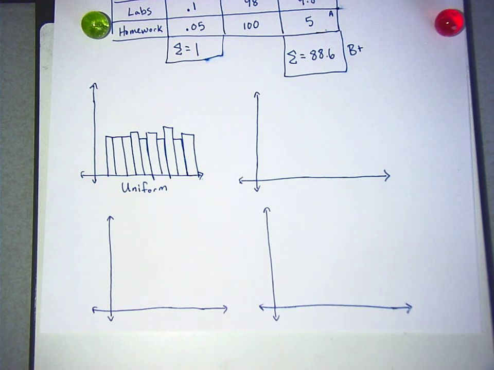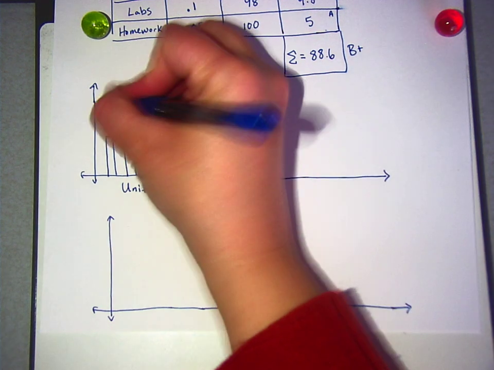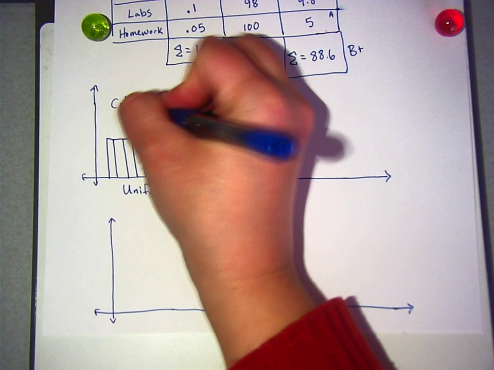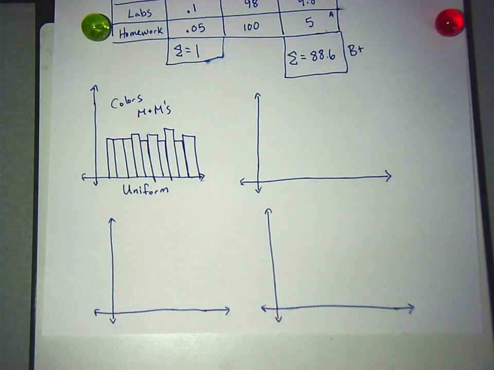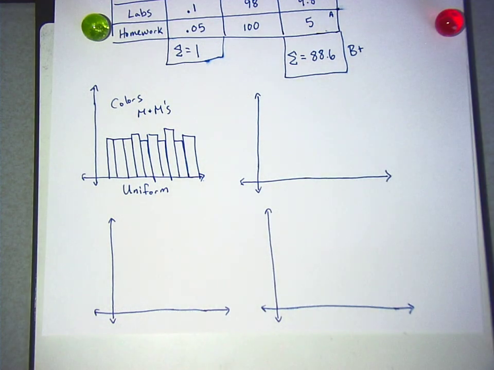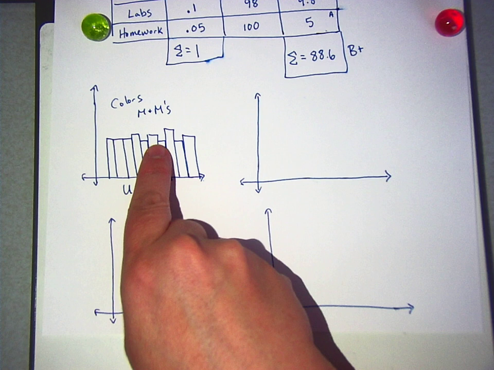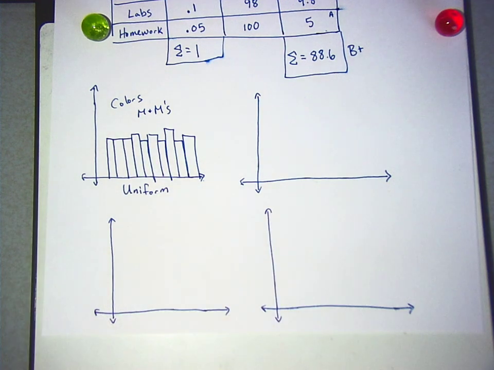A perfect uniform distribution would have them all exactly flat, but realistically, they might be a little higher or lower. For example, let's say that you looked at colors of M&Ms. Hopefully in a bag, you would have about the same number of red, about the same number of green, about the same number of blue, but you might have one that's a little higher, one that's a little lower, but they're about uniform.